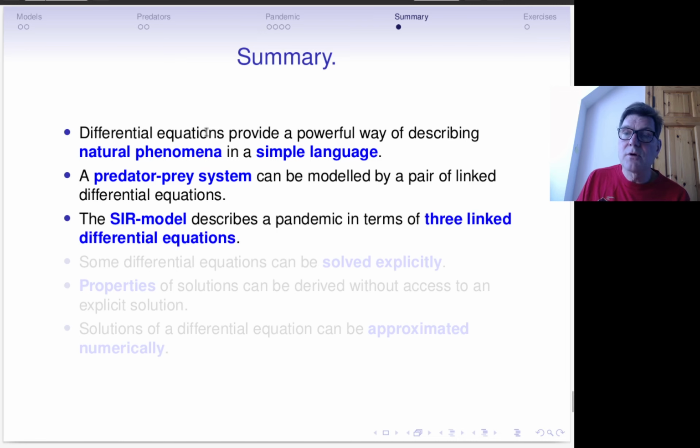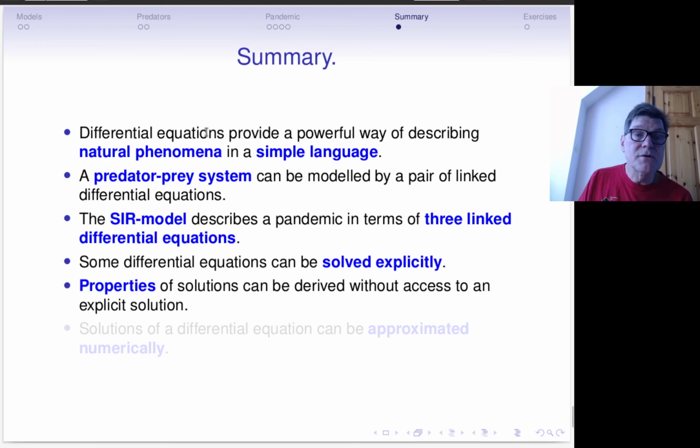The SIR model that we just saw describes a pandemic in terms of 3 linked differential equations. And while some simple differential equations can be solved explicitly, we can work with the differential equations themselves to derive properties of solutions without having an explicit formula for the function that solves it.